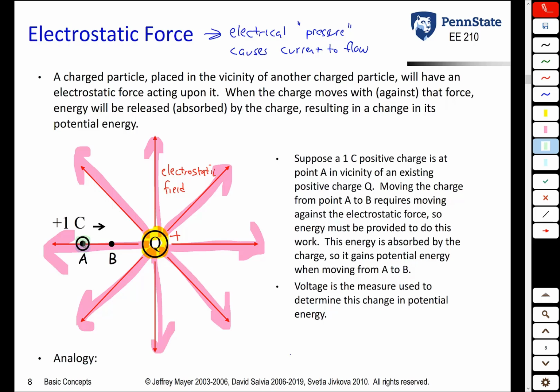Voltage is what we use to measure this change in the potential energy. Specifically, we say that voltage is the change in potential energy per unit charge.